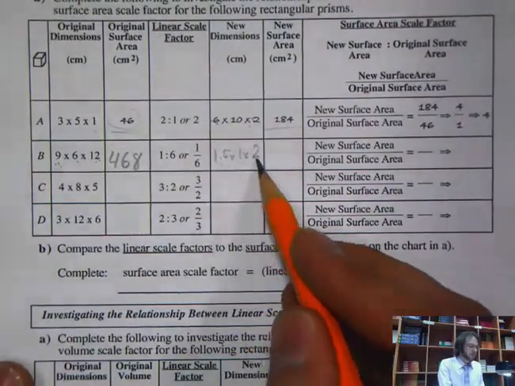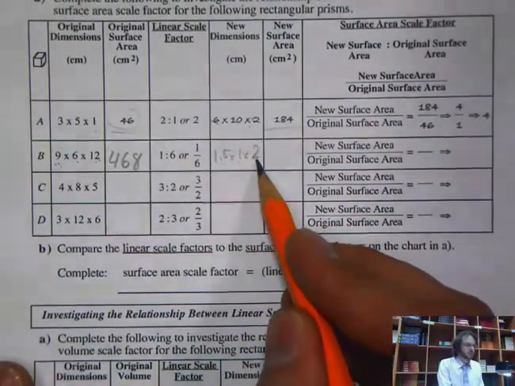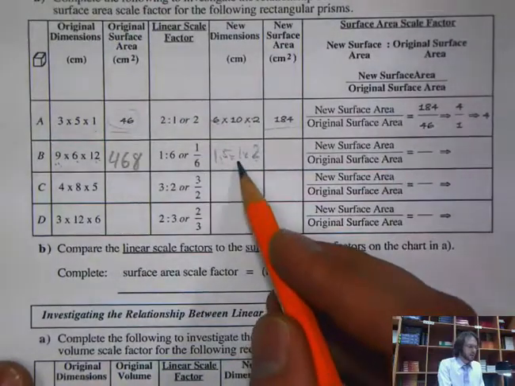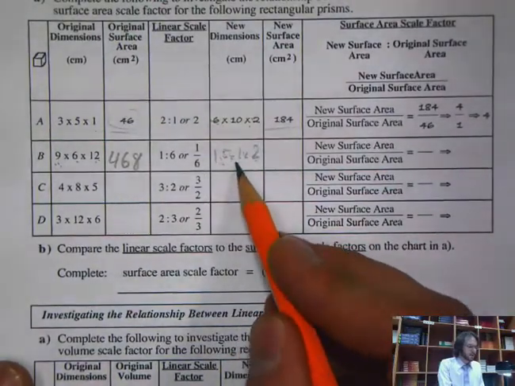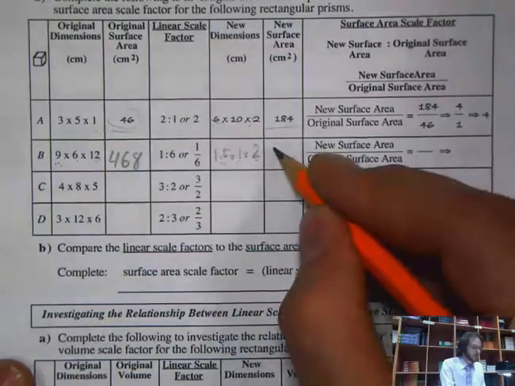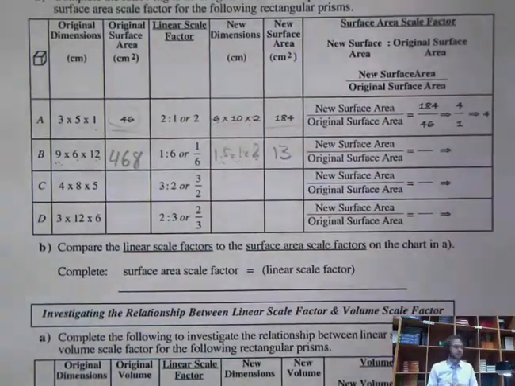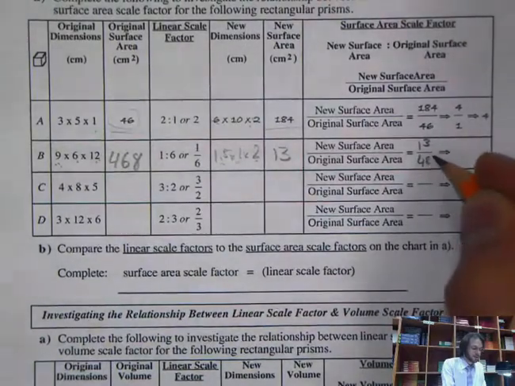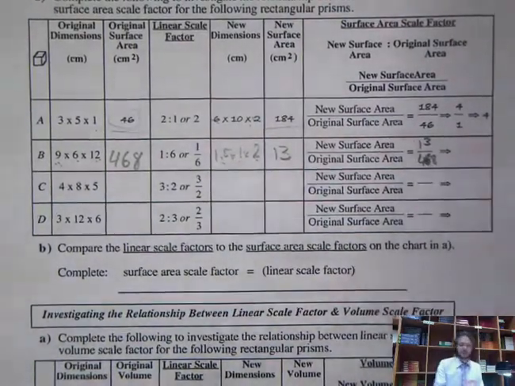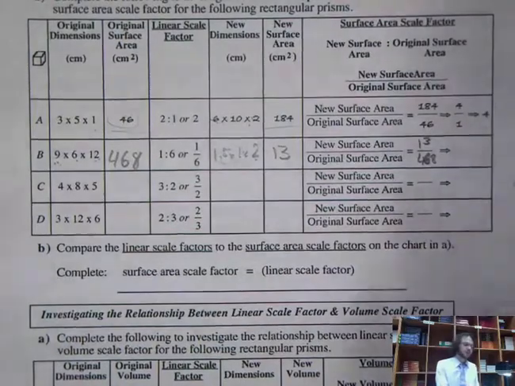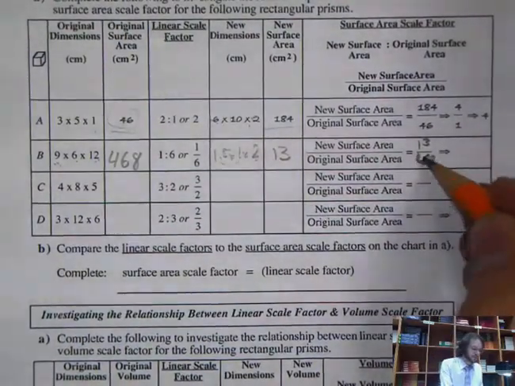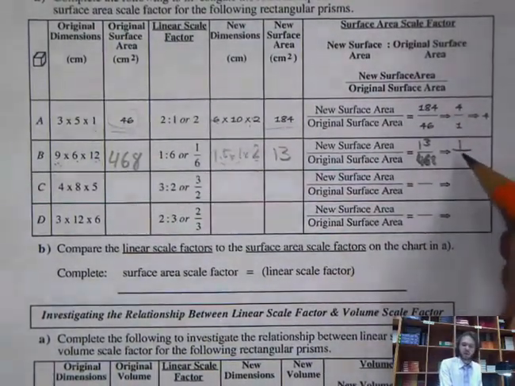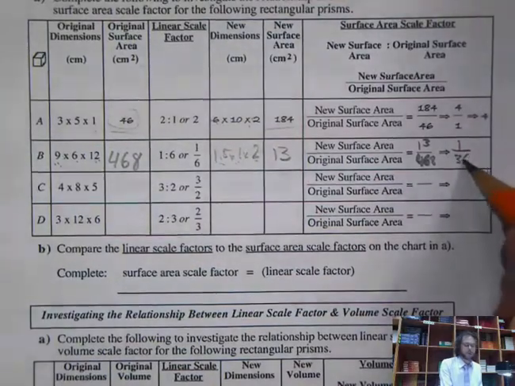And then 1 times 2 is 2, times 2 is 4, so that's 10. And then we have 1.5 times 1 times 2 is 3, so that's going to give me 13. So my new overall is 13 over 468. Whoops, that's a 6. Both of these can be divided by 13, which will give me 1 over 36.